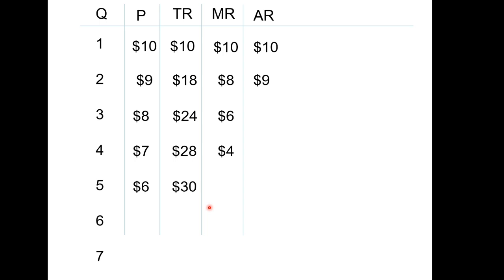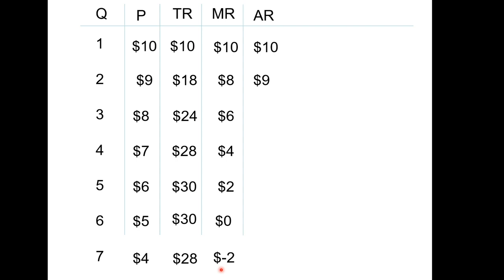All right, then we get to $5, total revenue is 30. Marginal revenue is 2. At $5 total revenue is 30, and then marginal revenue is 0 at 6 units. And if I go to 7, we're going to have a marginal revenue of negative $2.